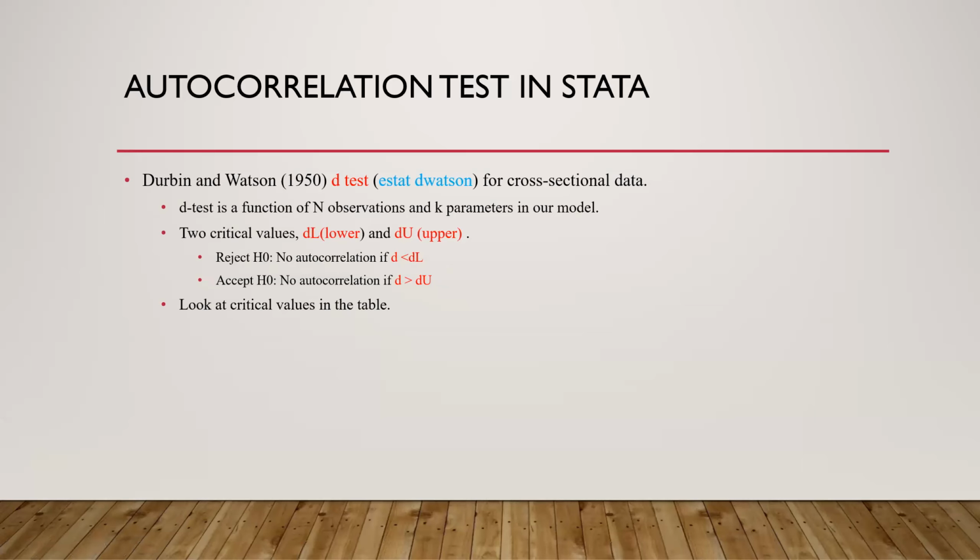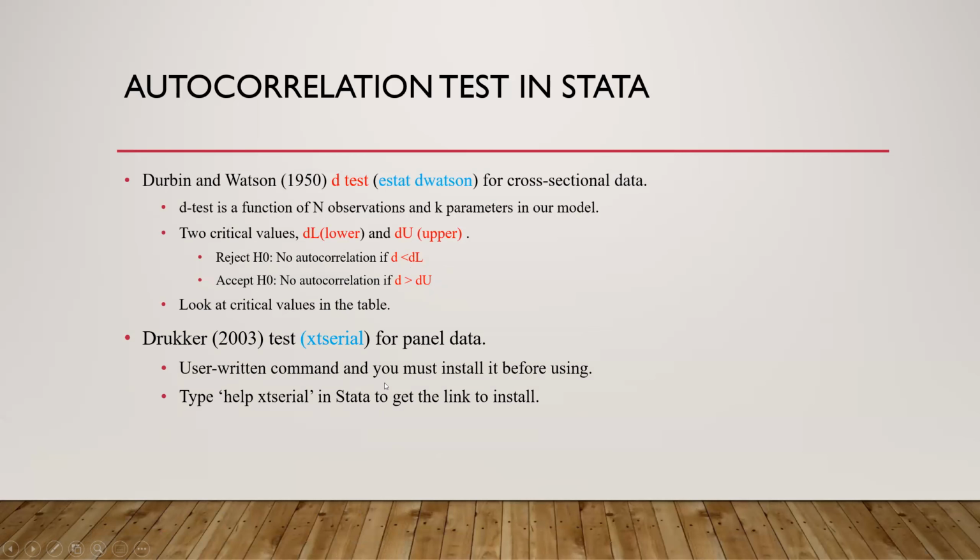But then you use this rule of thumb that if the d value is greater than the upper bound, then we do not reject the null hypothesis. For panel data, you can use this user-written command called xtserial, and you have to install it before you can use it to check autocorrelation in panel data. And the assumption remains the same of no autocorrelation or no first order correlation.